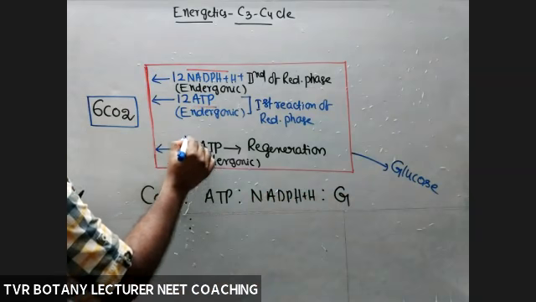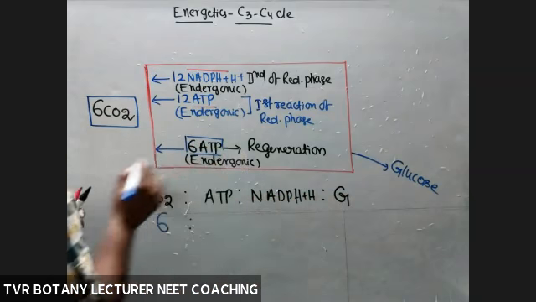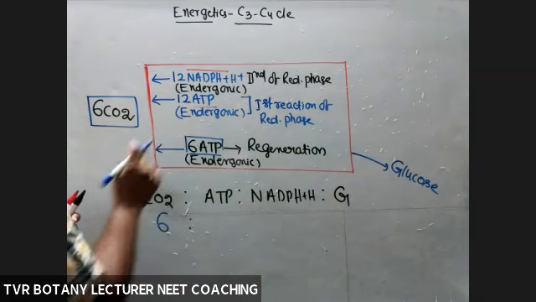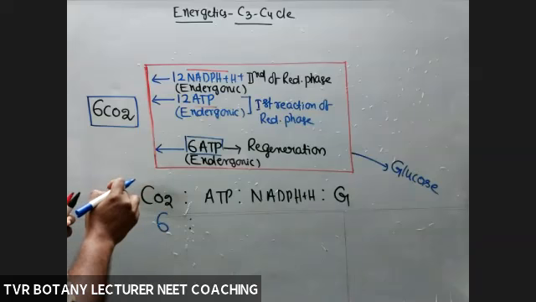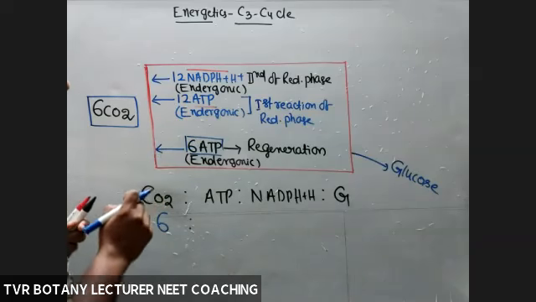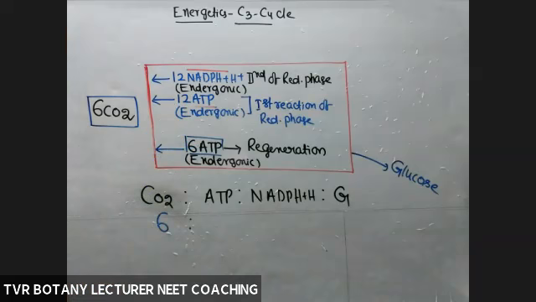So here 6 ATP molecules, here 12 ATP, total 18 ATP. 2:1 ratio. Okay, so ATP consuming points 2 and NADPH consuming point only 1. That is also very, very important.